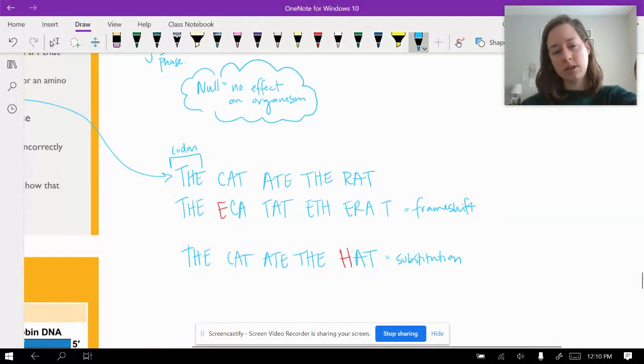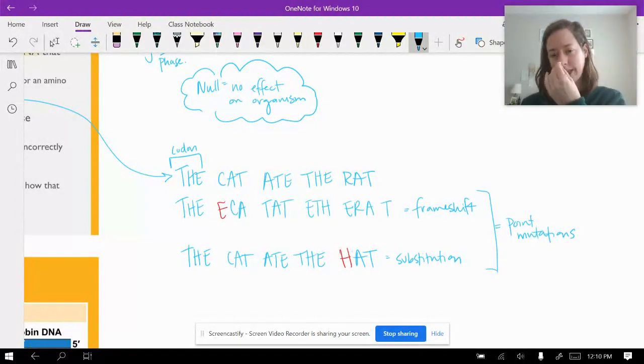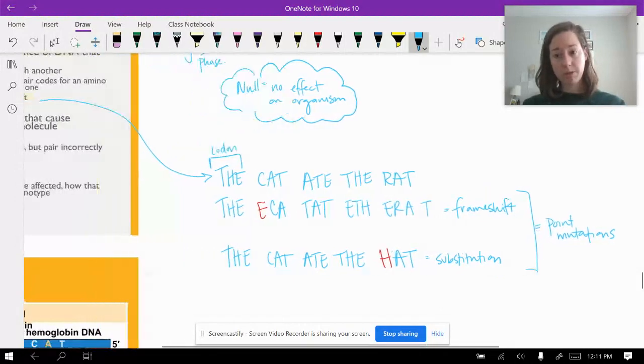Both of these are point mutations, which means that just one letter, one base, is the cause of the mutation, as opposed to a translocation where you have a chunk of the chromosome being moved, or a really big deletion where you have a chunk of the chromosome being deleted. Those are bigger deals. These are smaller mutations called point mutations.